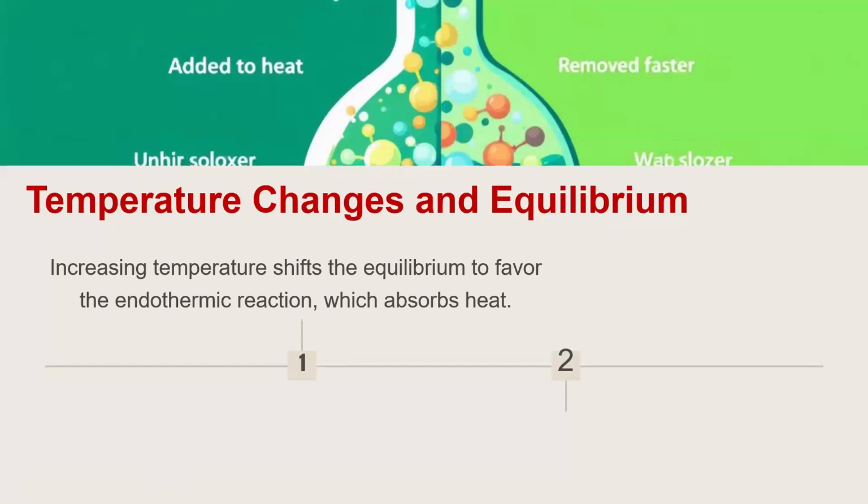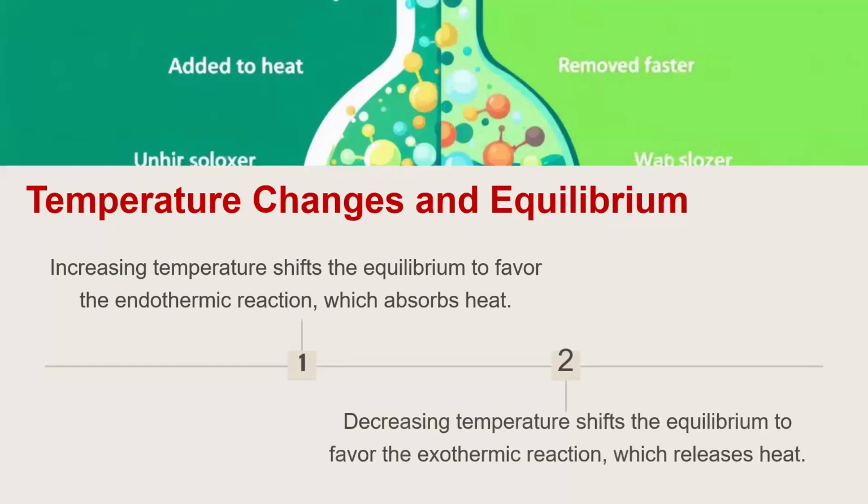So if the temperature is increased, the direction that consumes this temperature is the endothermic direction. You know that endothermic takes heat. So when temperature is increased, endothermic reaction is favored because it absorbs heat. While if the temperature is decreased, the reaction will favor the direction of the exothermic reaction to release more heat.